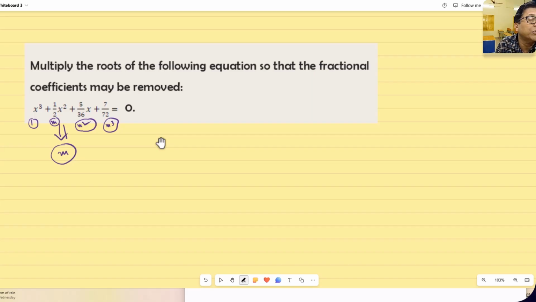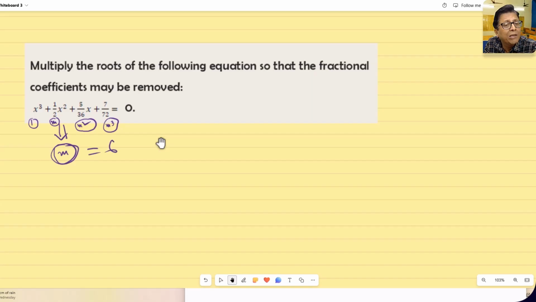This one also not. 3 also, if you multiply by 3, not possible. 4, no. Because 4 into 2 okay, but 4 into 5 by 36, no, not removed. Now, if you multiply by 5, it is quite impossible. So multiply by the factor m, which is actually equal to 6.